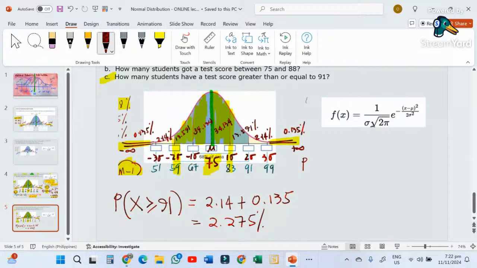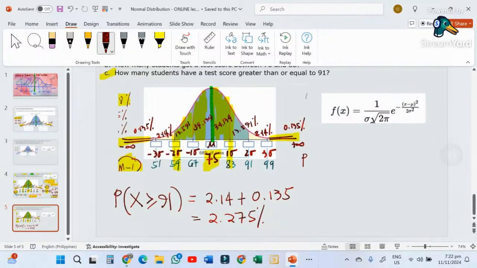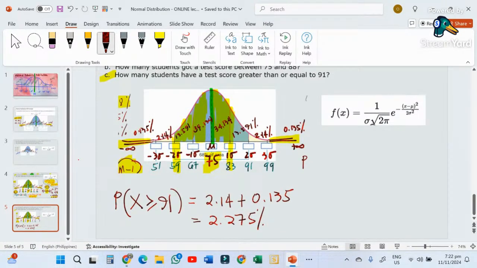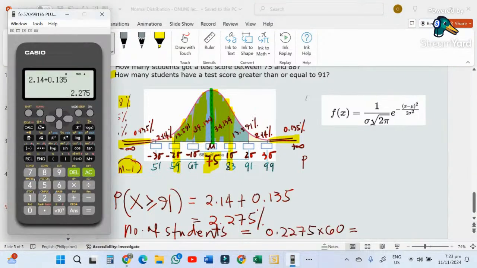So from here, you will now multiply 0.2275 by 60. So the number of students who got a score 91 and above, 91 to 100, will be 0.2275 times 60. And you'll get the number of students from here.